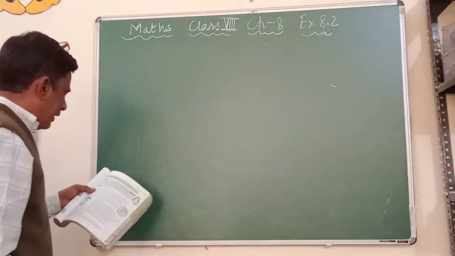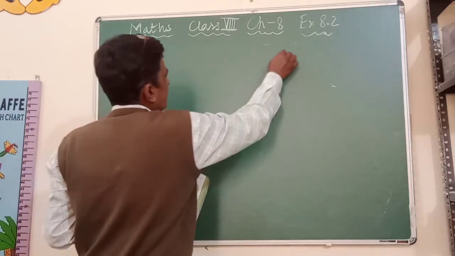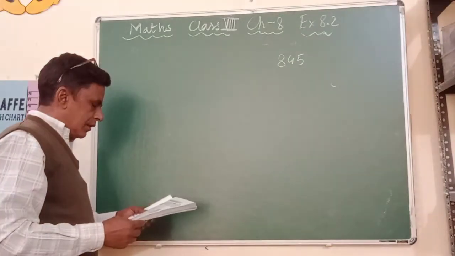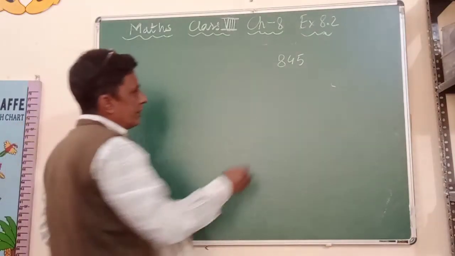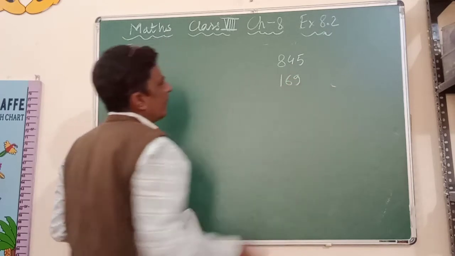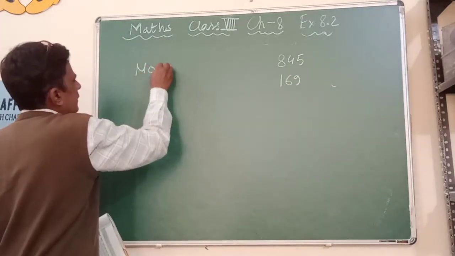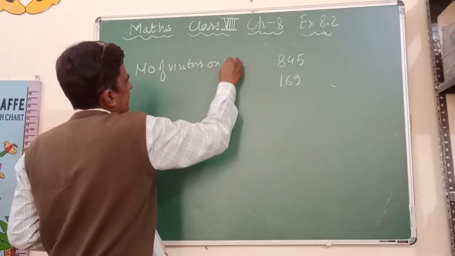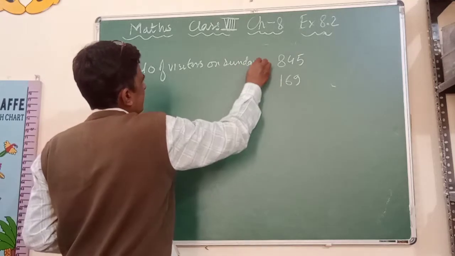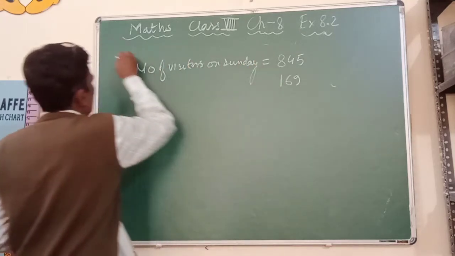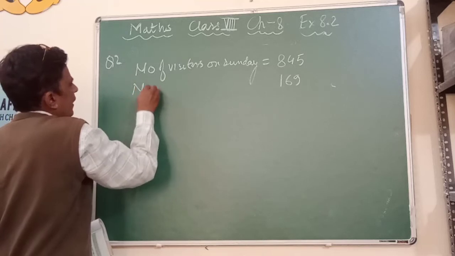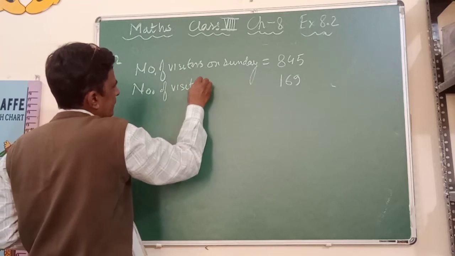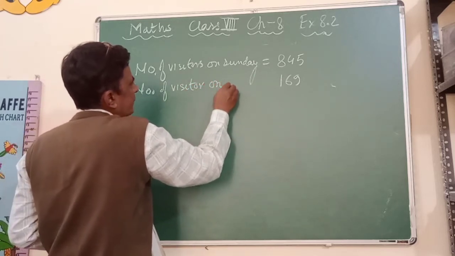On Sunday 845 people went to the zoo. On Monday only 169 people. Question 2. Number of visitors on Sunday, number of visitors on Monday.